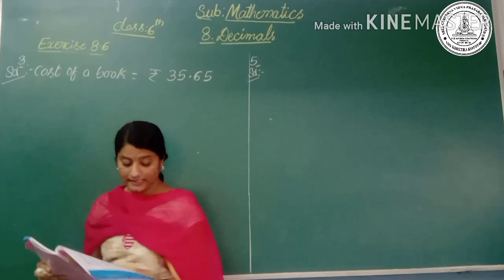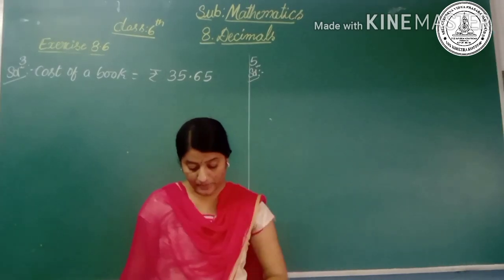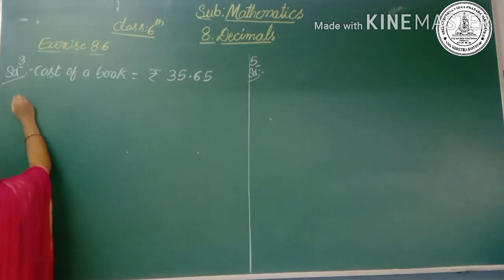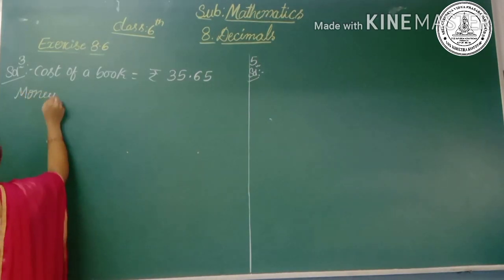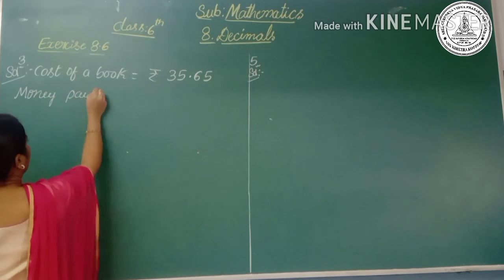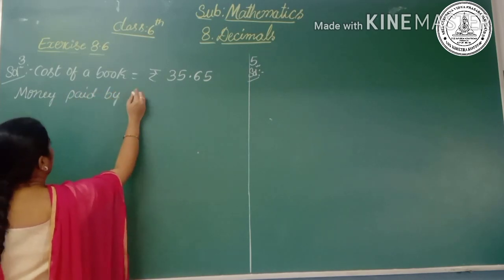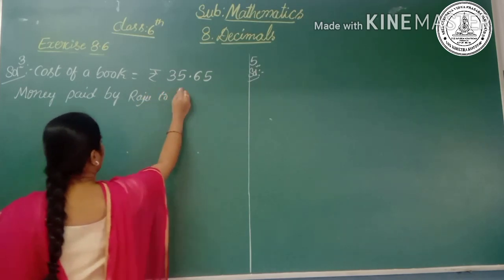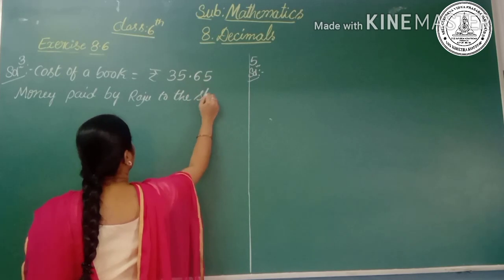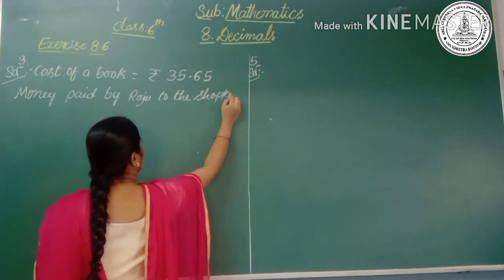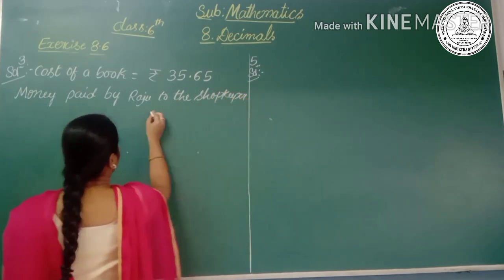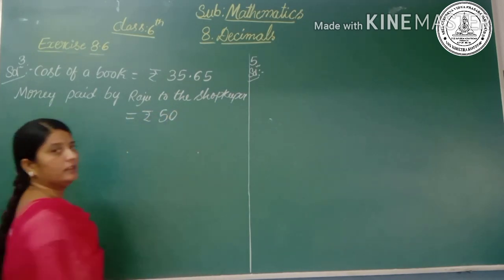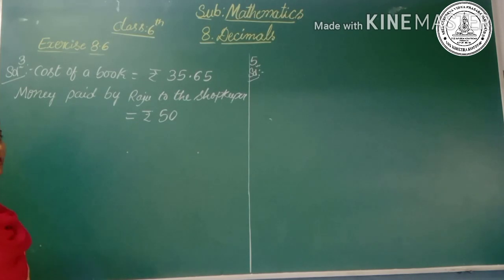And the second sentence: the money paid by Raju to the shopkeeper, which is equal to rupees 50. Right? So here we have to subtract.